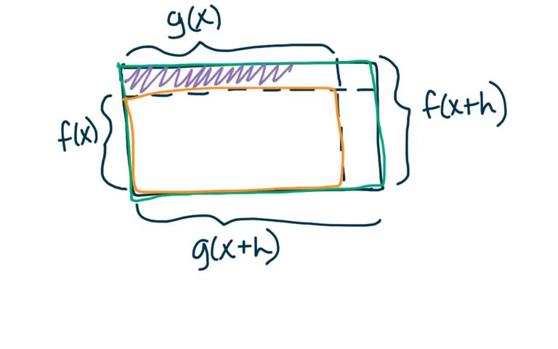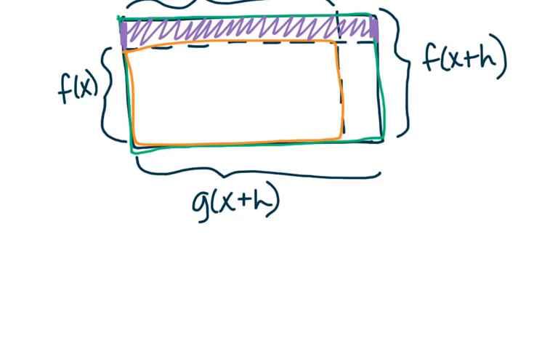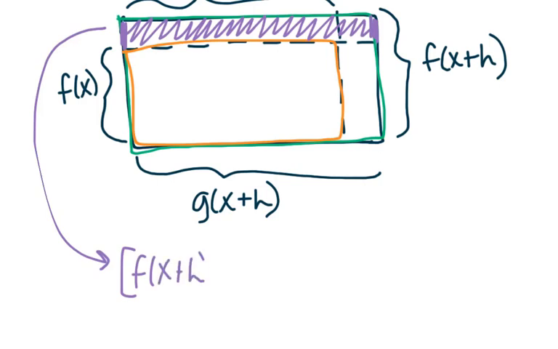Let's look at this top rectangle first and how we would express that. This skinny rectangle would have a height of the difference, f of x plus h minus f of x. So let's come down here, I'm going to give myself more room. The height would be f of x plus h minus f of x.